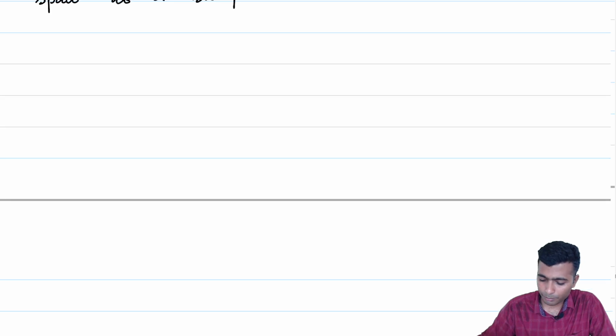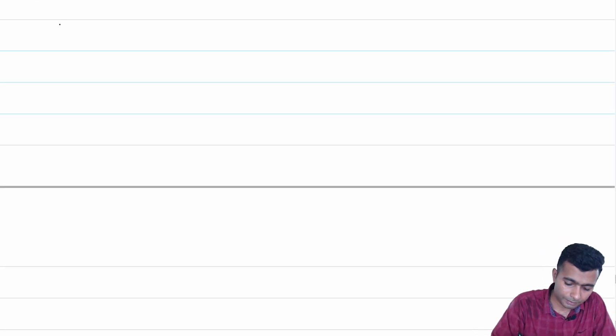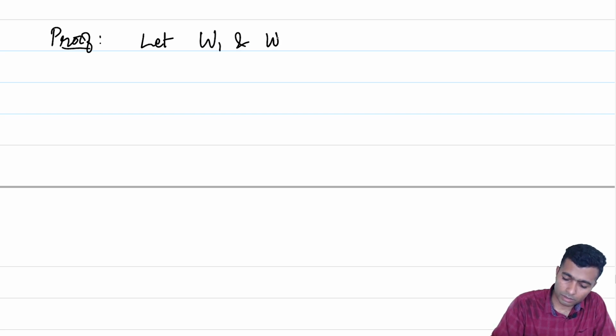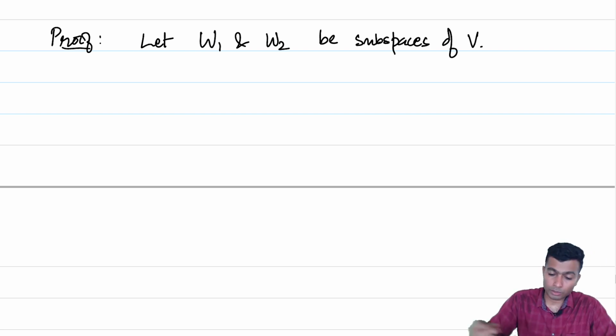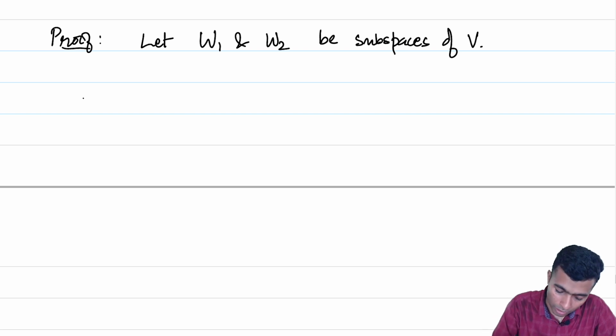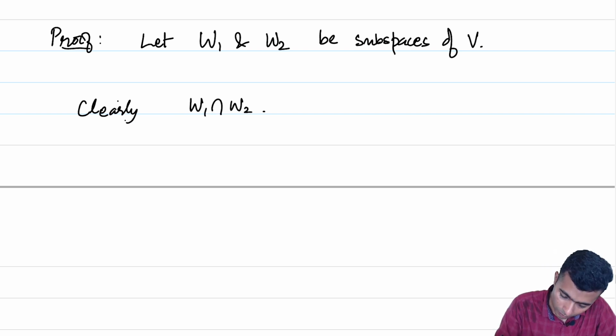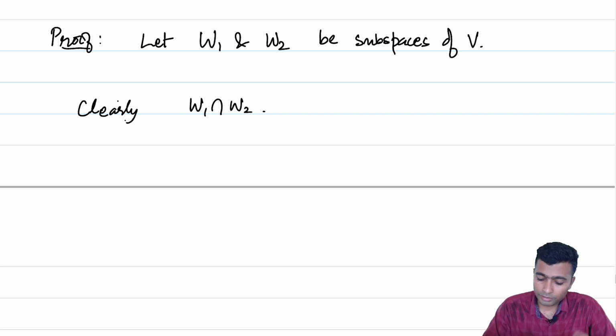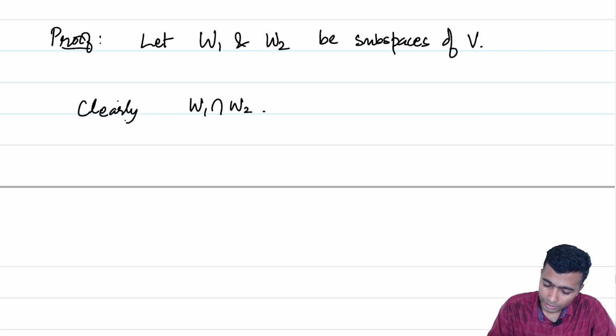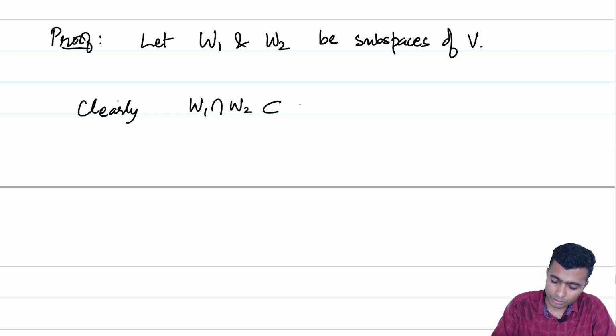Let me just give a quick proof of this. Let W1 and W2 be subspaces of V. Now, consider the intersection W1 intersected with W2. Then clearly W1 intersected with W2 is a subspace of V.